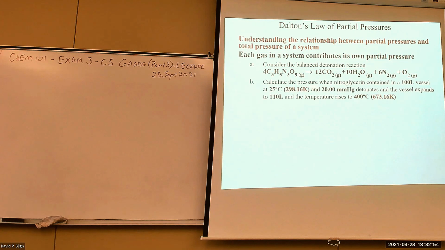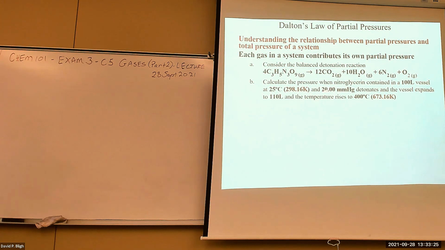we took a very, very small amount of this stuff and put it in a 100-liter vessel. Gives it plenty of room to expand at this temperature and this initial pressure, 20 millimeters of mercury. So we almost evacuated the cylinder. And that would also confirm that this is a gas, because nitroglycerin at room temperature and pressure is a liquid.